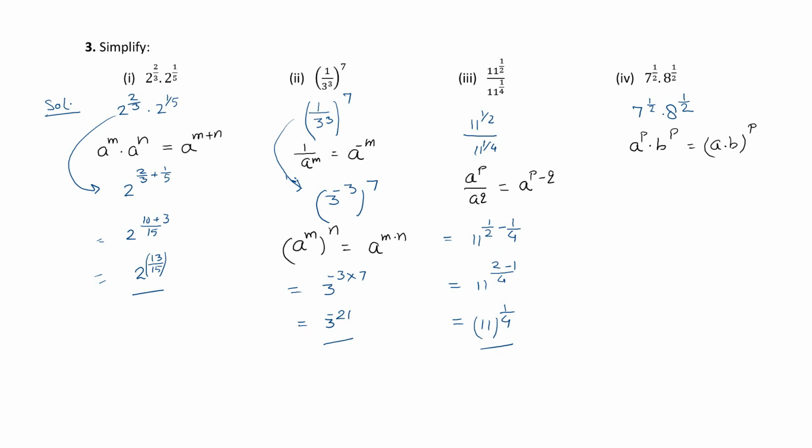So here a is 7, b is 8 and p is 1/2. So here we will get 7 into 8 to the power 1/2. So 7 8s are 56. So we can write it as 56 to the power 1/2. So this is the answer.